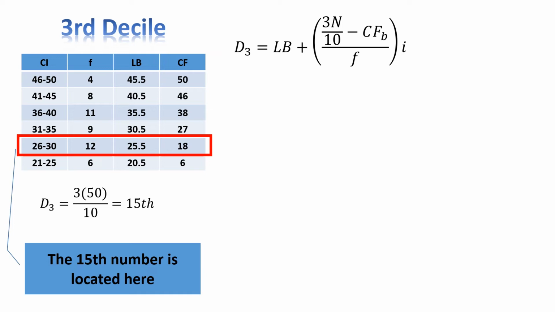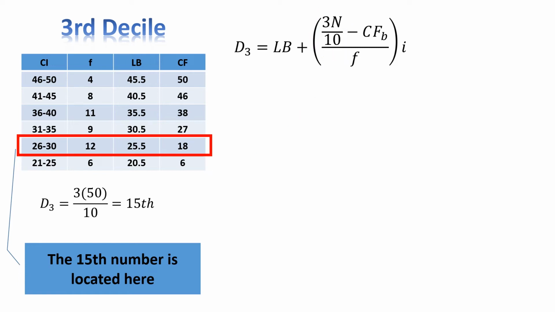So, nandito siya. Okay, next step is for us to use the formula. So, formula is d sub 3 is equal to the lower boundary plus the quantity of 3 times n over 10 minus cumulative frequency below divided by the frequency times your interval. So, yung 3n over 10 is the same as this, yung position natin. Pareho lang yan siya. So, 15 siya.